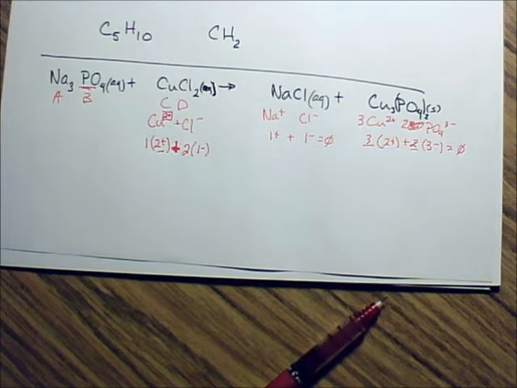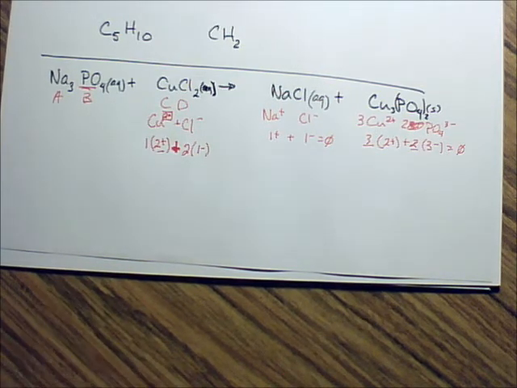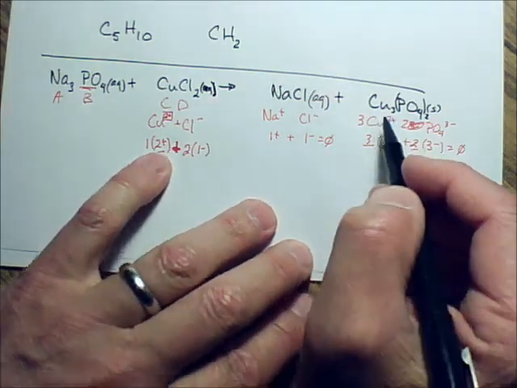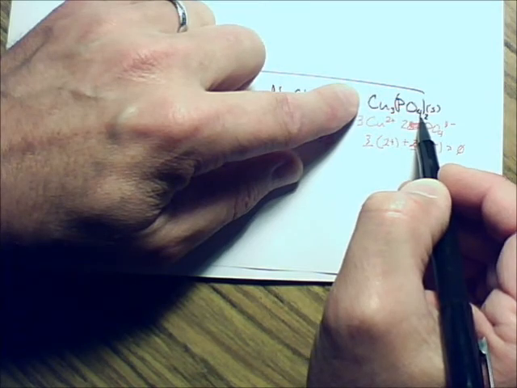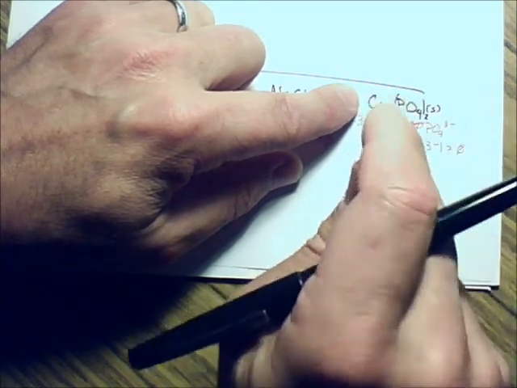You have to add subscripts to balance the formulas. But once the formulas are balanced, then you don't touch them. Yes? When we're balancing the formula, we use subscripts to balance the formula. Once the formulas are balanced, you can't touch this.